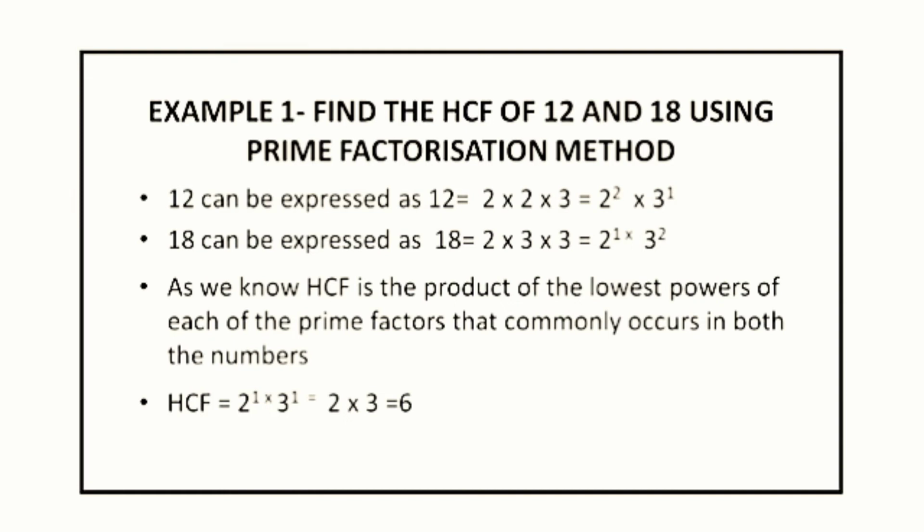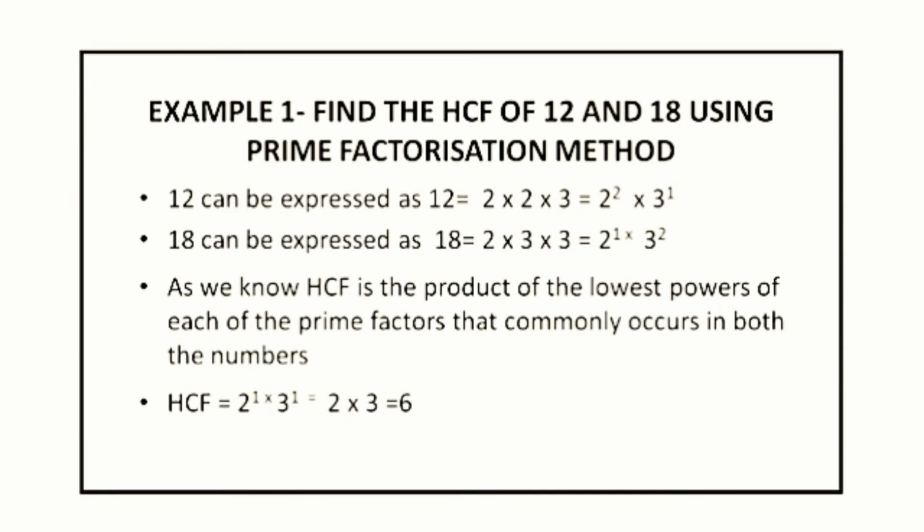Thus, 2 into 2 can be grouped and written as 2 raised to 2, or we can say 2 square. 3, the factor which comes only once, can be exponentially expressed as 3 raised to 1. Thus, 12, which is equal to 2 into 2 into 3, when expressed in exponential form, becomes 2 raised to 2 into 3 raised to 1.